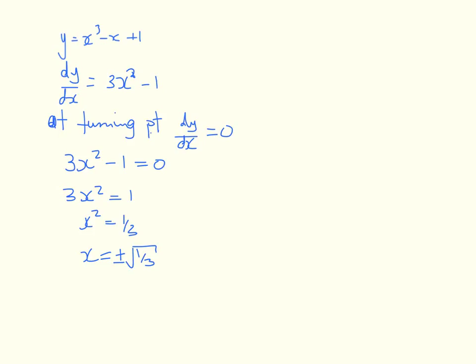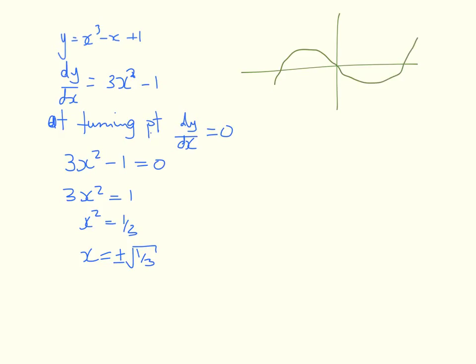So it means then that this curve has two turning points. One of them is at this point and one's at the other point. So basically, if I was to draw a quick sketch of it, like so, it means that this curve might, and notice I say might, actually look like that.